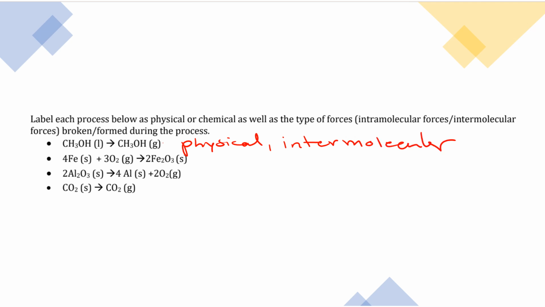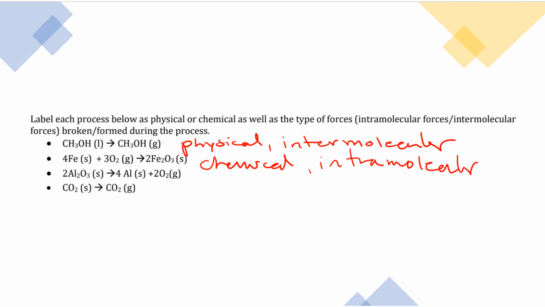Next you have iron plus O2 makes iron 3 oxide. So two things are coming together. Phase changes involved, not phase changes, but like solid and gas together becomes a solid. So this is a chemical change, and intramolecular forces are broken. If you look at the next one, it's the same thing.